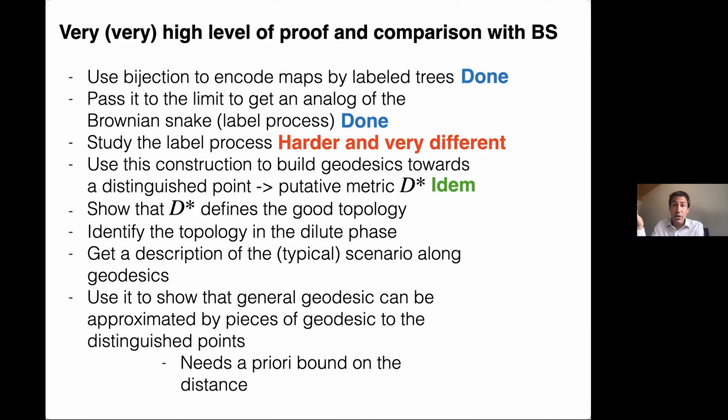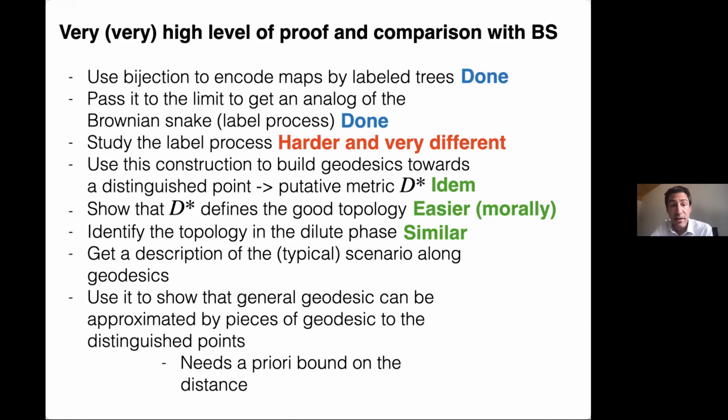The first thing you want to show is that this D star defines the good topology, that it actually identifies the good points. This is the analog of the Inventiones paper of Le Gall 2007. And here I claim that in our setup, this part is easier because we have faces, and you'll see that faces are really helpful.